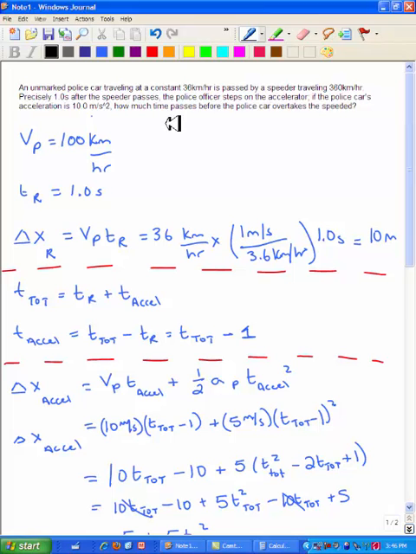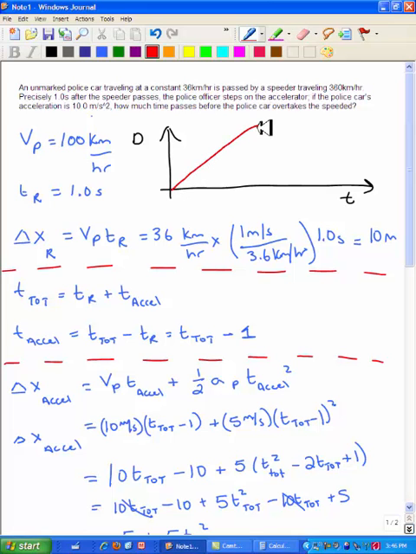If we look at a displacement versus time graph for just a minute, there's distance, there's time. The speeder, who is moving at a constant speed that never changes, passes the police officer, who is also moving at a constant speed, but a much slower speed.